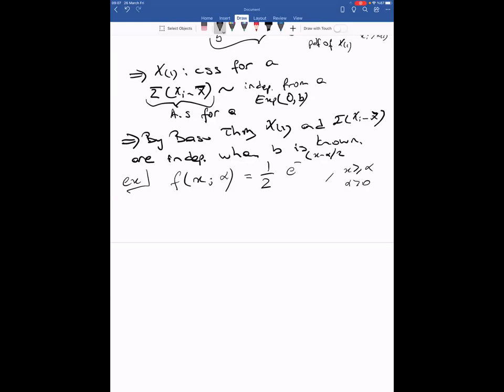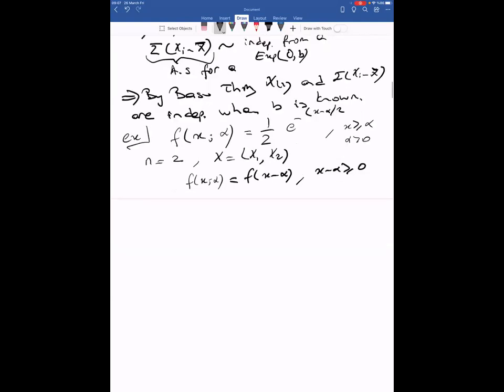In the first question, this means that our x vector includes x1 and x2. So basically you can see immediately when we look at the form of the PDF here, f of x given alpha is a function of x minus alpha. And when you look at the range, x minus alpha is greater than 0. So this is a location type distribution. So alpha here is a location parameter.